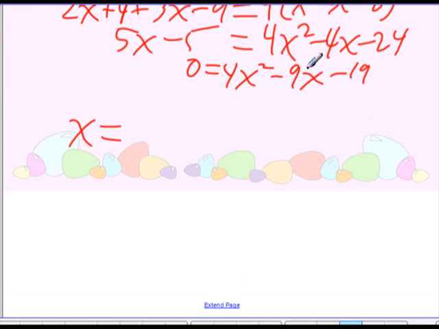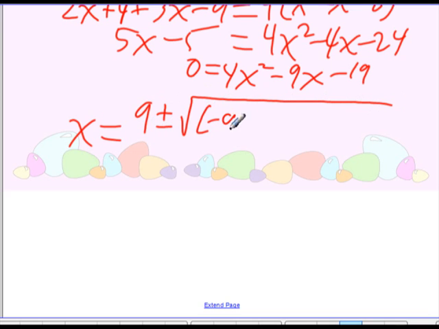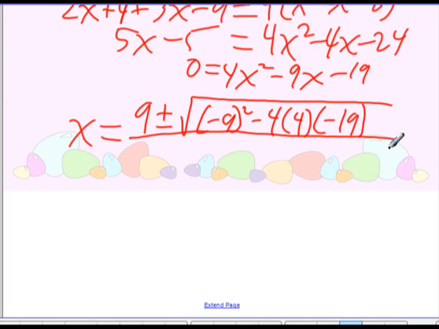So the quadratic formula: negative b, there's my b, so that's 9, plus or minus the square root of b squared minus 4 times a times c, all over 2 times a. This should be familiar to you.